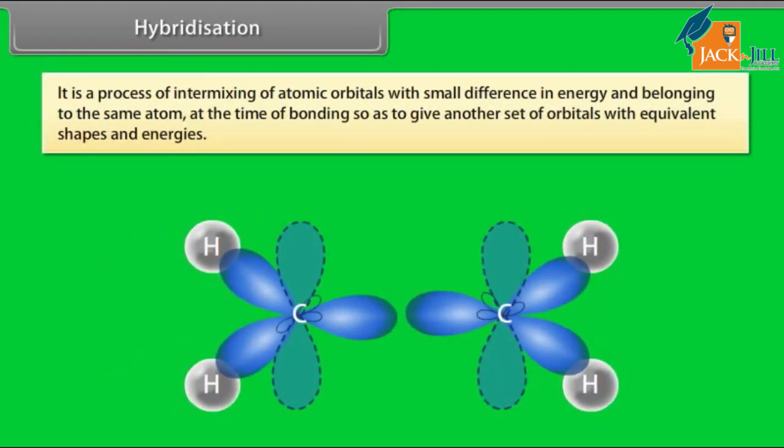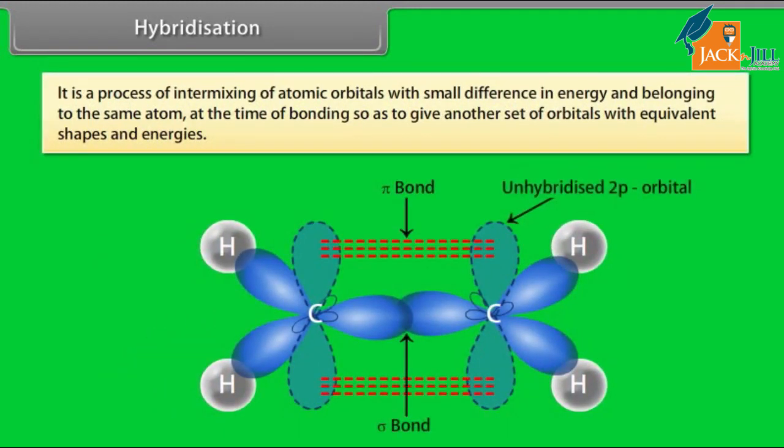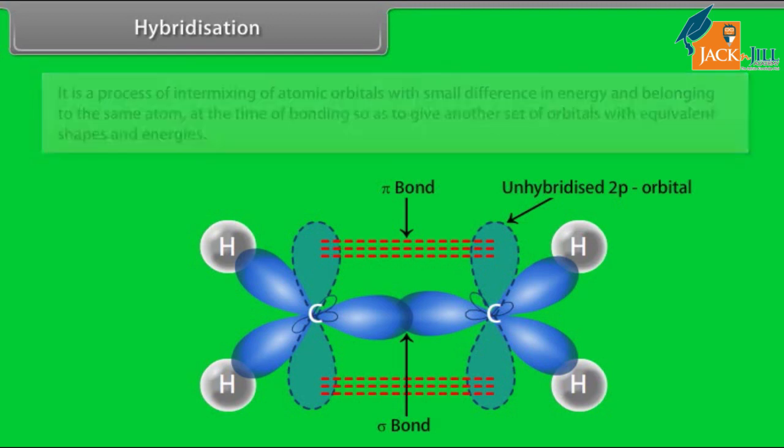Hybridization. It is a process of intermixing of atomic orbitals with small difference in energy and belonging to the same atom, at the same time of bonding, so as to give another set of orbitals with equivalent shapes and energies. Different types of hybridization depend upon the type of atomic orbitals which are used for intermixing.